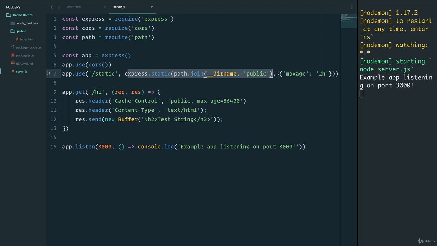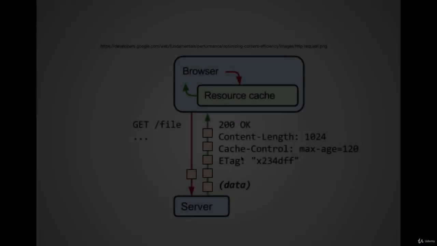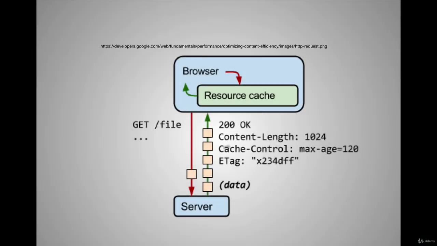And I've also added the option that is maxAge. And in Express, the way you define this Cache-Control header is to simply say what's the max age? And max age means how many seconds do you want the browser to remember this content, this data that we're sending it.